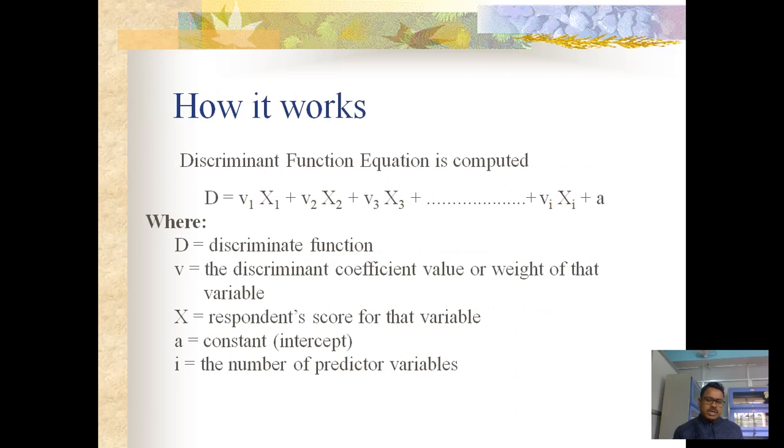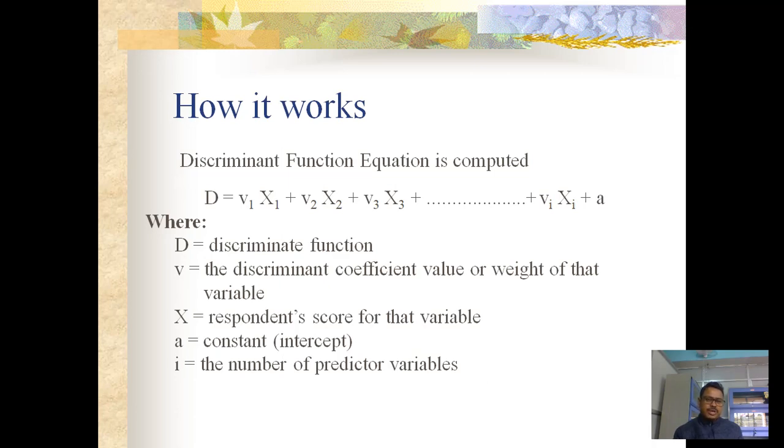Also, how it works. In terms of linear discriminant analysis, it is very much similar to multiple linear regression. In this case, we first try to determine the discriminant function equation or the discriminant score, based on which we can classify the observations into two or more groups.